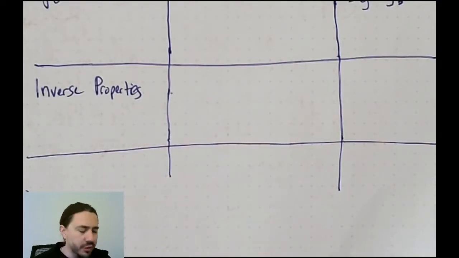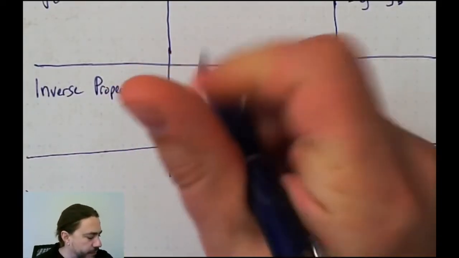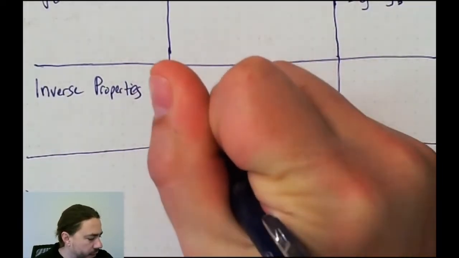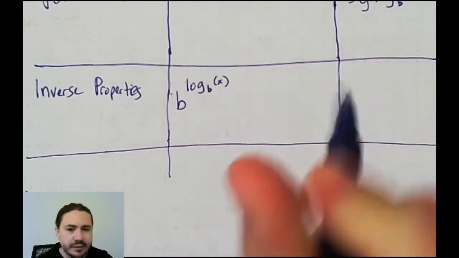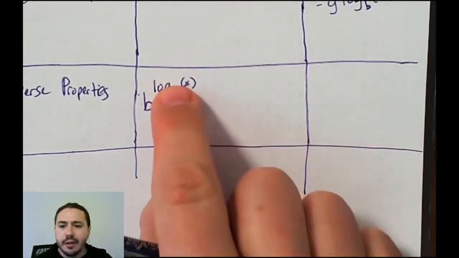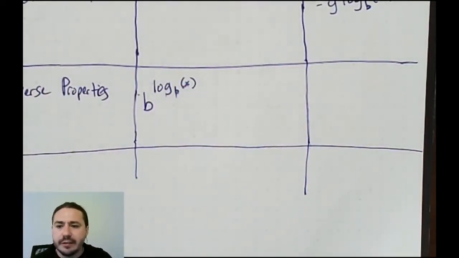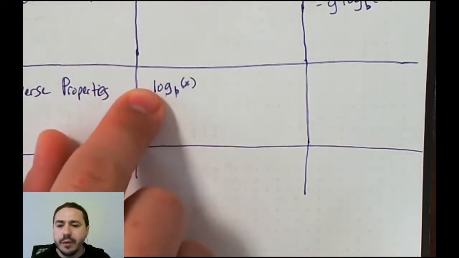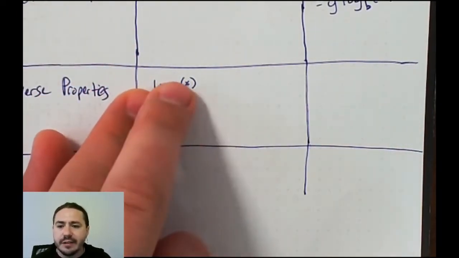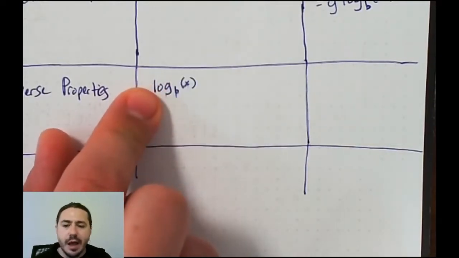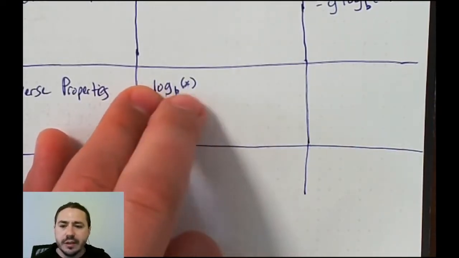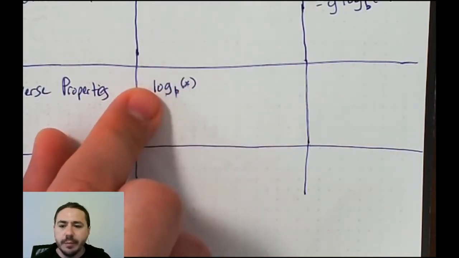So for the exponent, let's say we had b to the power of log base b of x. In other words, if I have log base b of x, forget the b for a minute, this first one. If I just had log base b of x and I want to manipulate it somehow so that this thing just equals x, I want to get rid of the log base b.